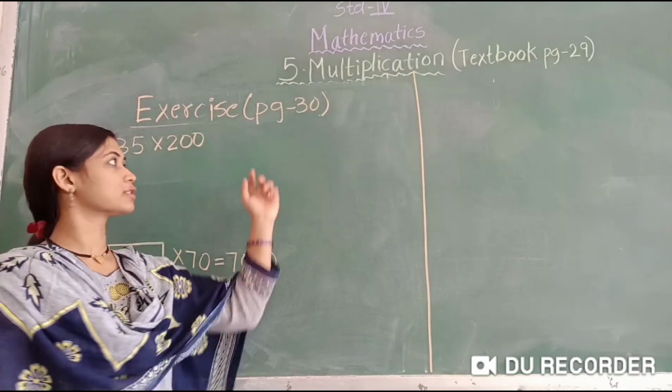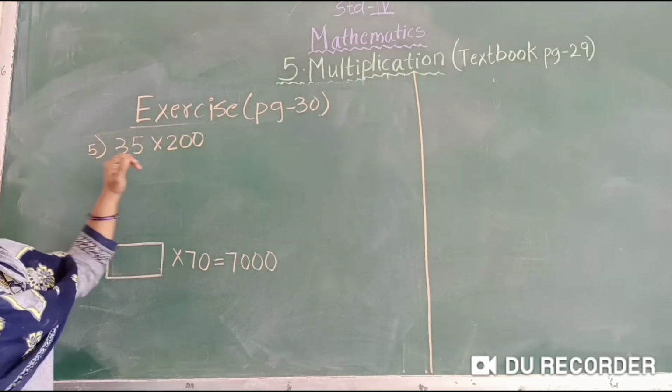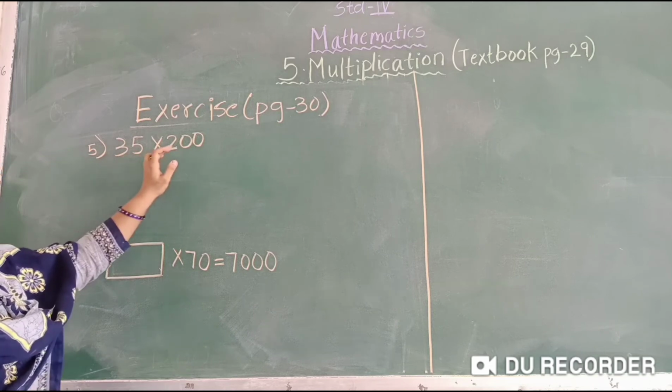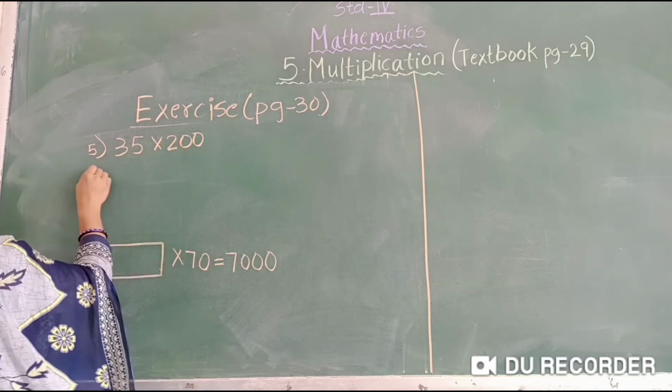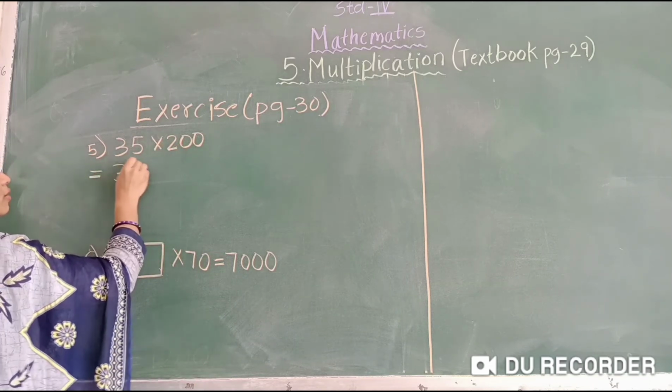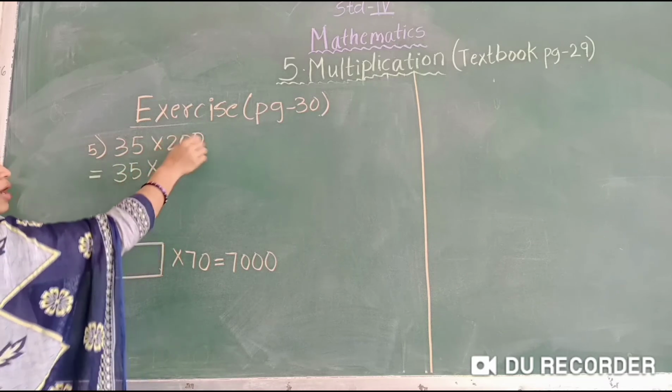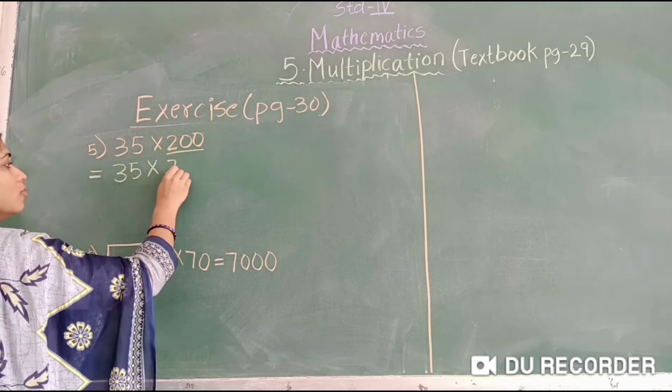Let us take another sum. Sum number 5. That is 35 multiplied by 200. How will we write here? 35 multiplied by 200 is also written as 2h.